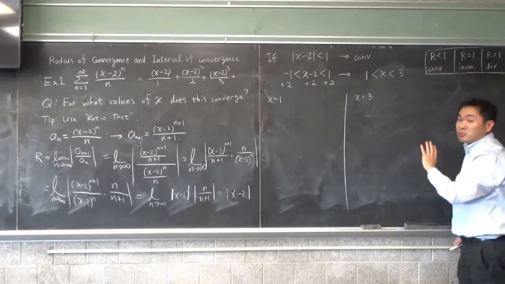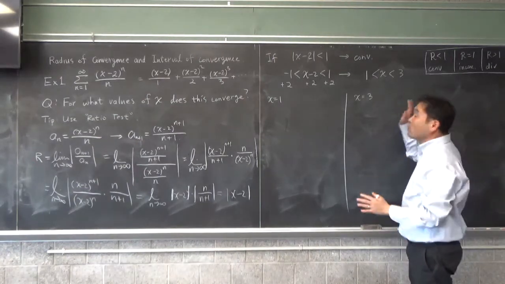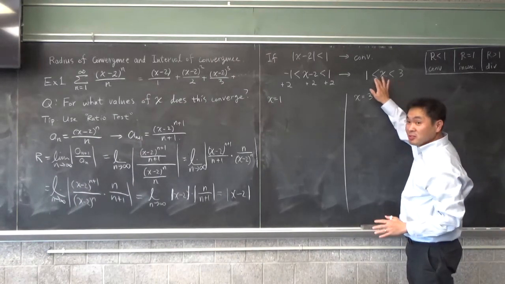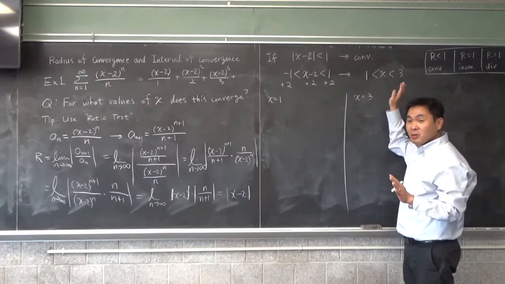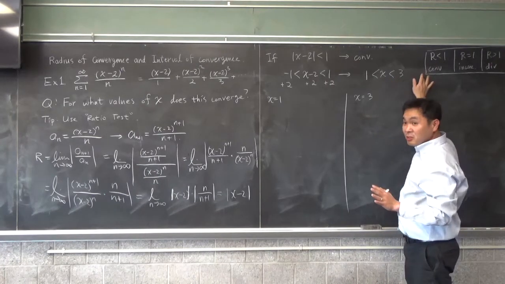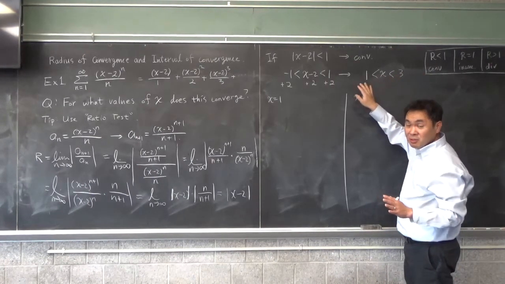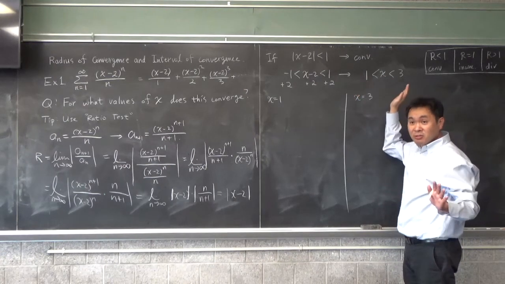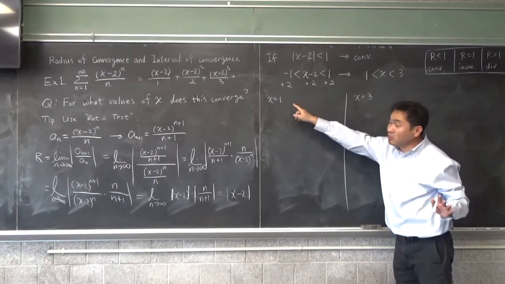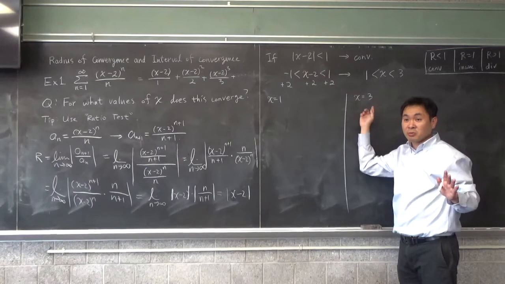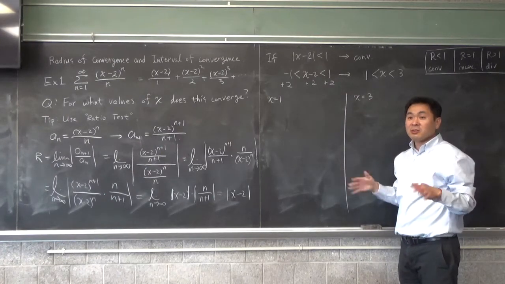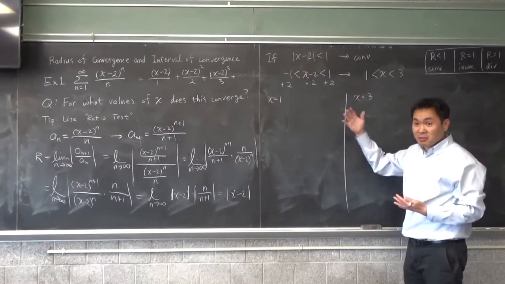So for those cases, we don't know yet. All we know is that if x falls in here, it definitely converges. Or if x is bigger than 3 or strictly less than 1, then it diverges. But for these two cases, x equals 1 and x equals 3, we don't know whether it's going to converge or not, and that has to be dealt with separately.